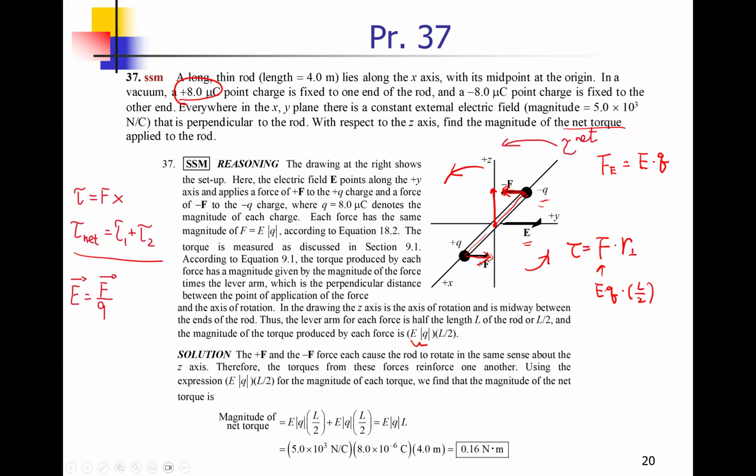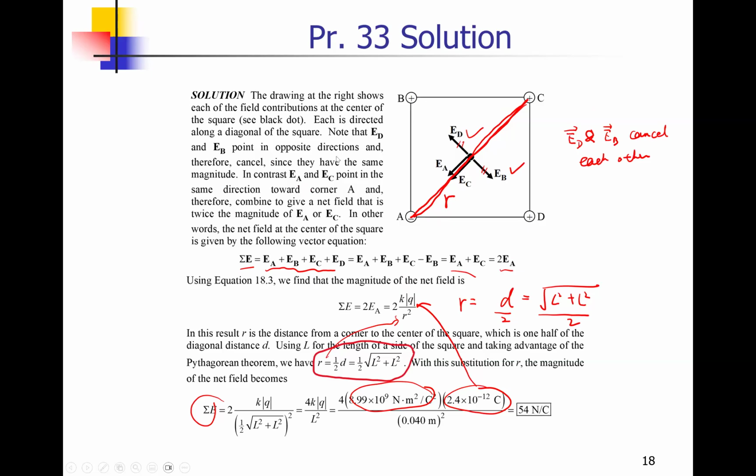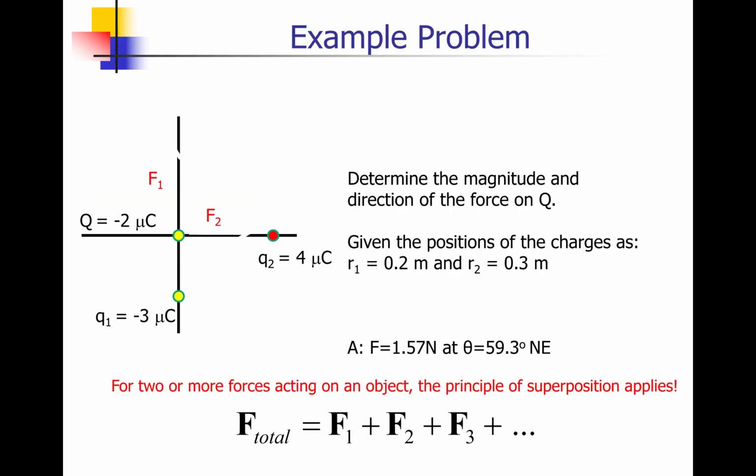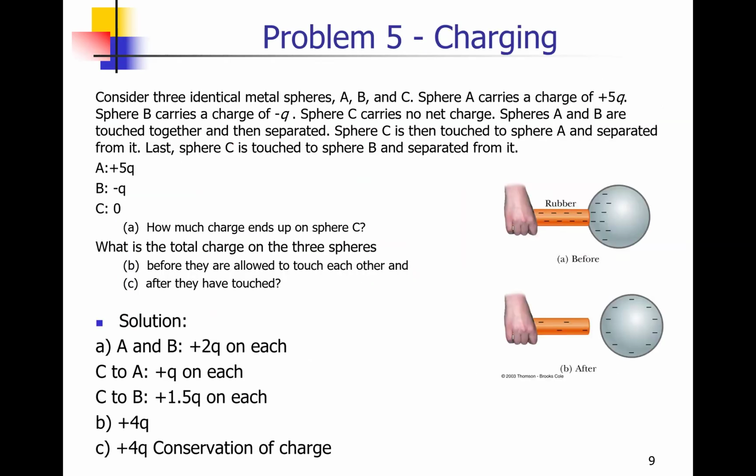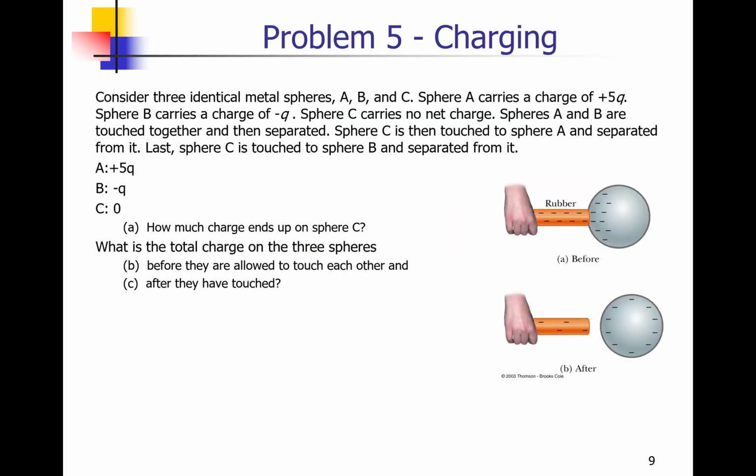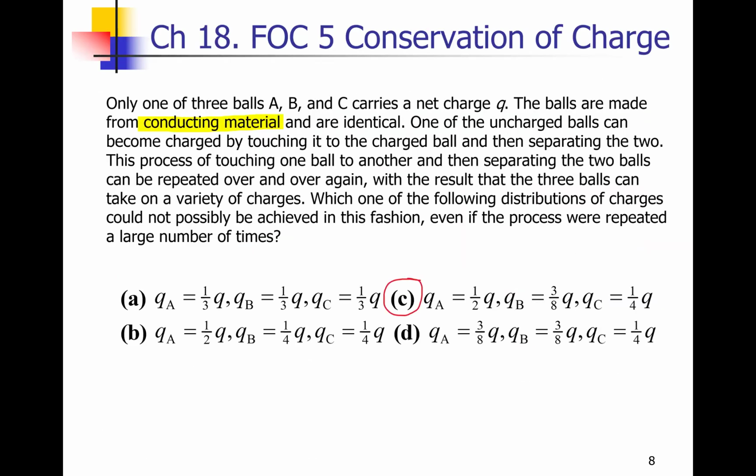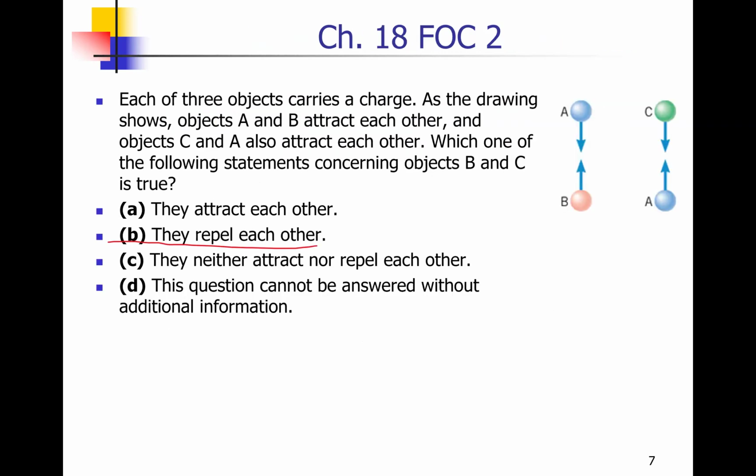Okay, so this is a chapter 18 problem. And I also put the answer for your focus on concepts problem here. So if you want to review the chapter, you can read that.